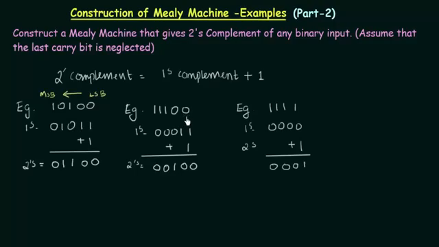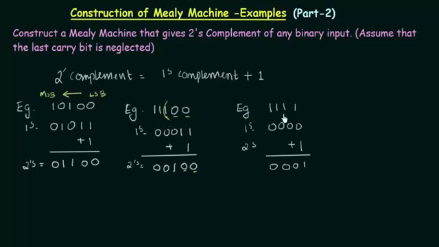Whenever you see the first 0, that is left as 0, the second 0, that is also left as 0, and then when you see the first 1, that is also left as 1, and after this first 1 that you see, whatever bits you see after this are complemented. 1 becomes a 0, this one also becomes a 0. So whenever you see zeros in the beginning, they are left as zeros, and the first one that you see is also left as 1, and whatever bits you see after this first one are complemented.